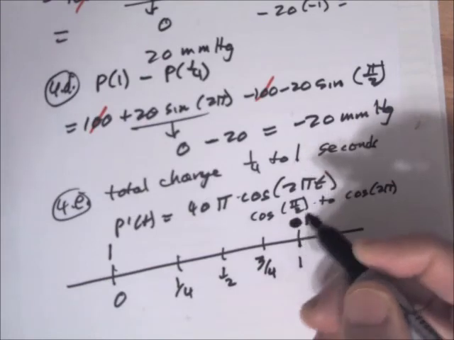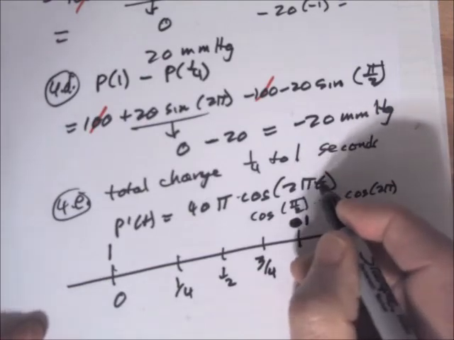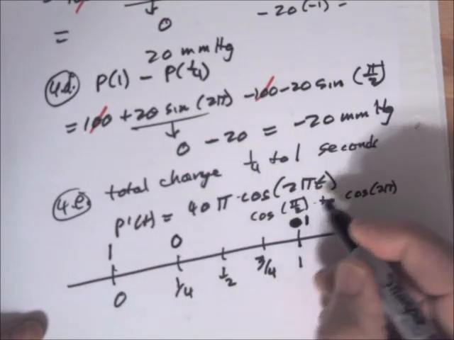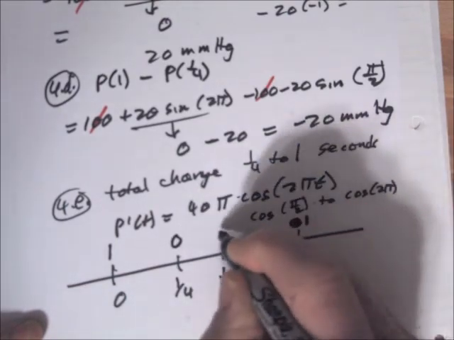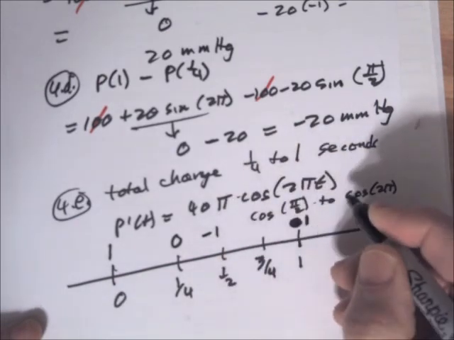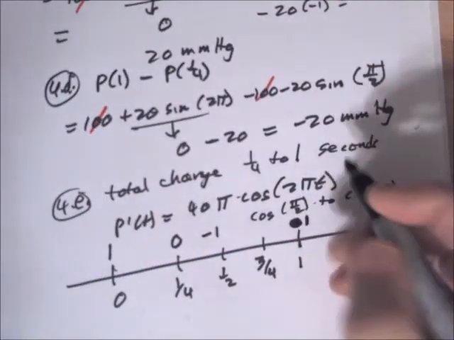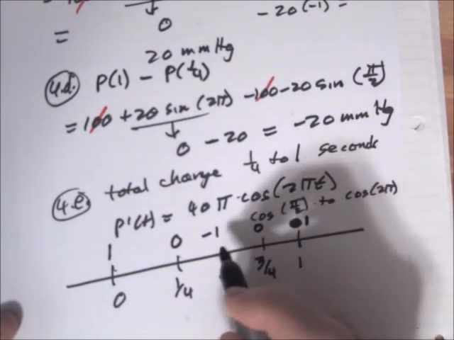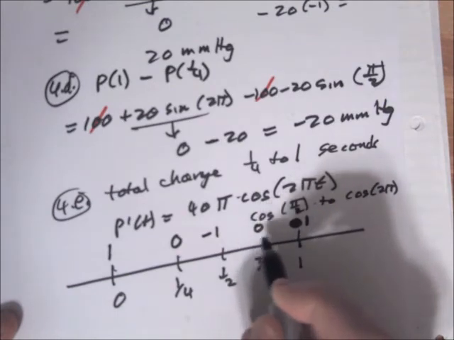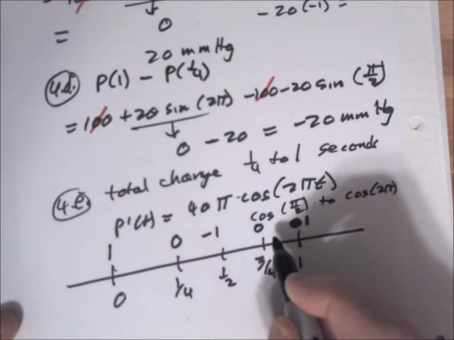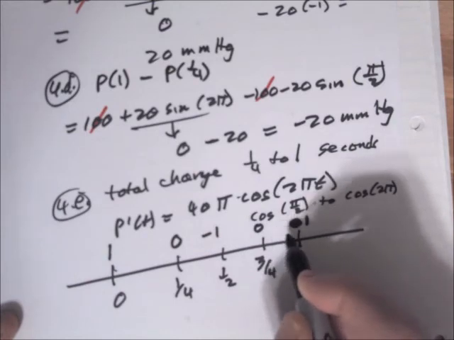If t is 1/4, you have cosine pi over 2, which is 0. If t is 1/2, you have cosine of pi, which is -1. And at 3/4, you have cosine 3 pi over 2, which is 0. So it's going to be negative between 1/4 and 3/4, and positive between 3/4 and 1.